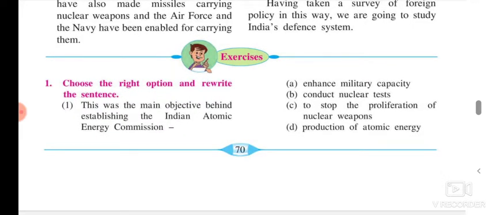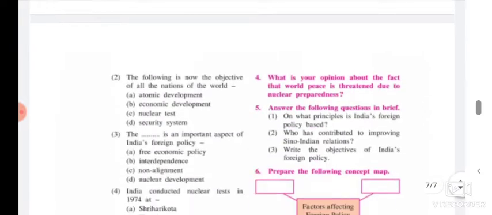Choose the right option and rewrite the sentence. First one. This was the main objective behind the establishing of the Indian Atomic Energy Commission. First, enhance military capability, conduct nuclear tests, stop proliferation of nuclear weapons, production of atomic energy. Second question.